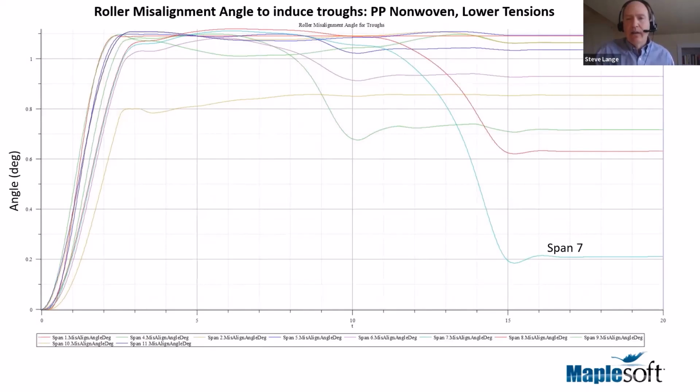So lowering that tension made at least one span more sensitive to misalignment. And it's all because of different span lengths and different tensions in these different spans. So it's not a singular value. It can change with different conditions, and that's the kind of thing you can explore with this simulation.